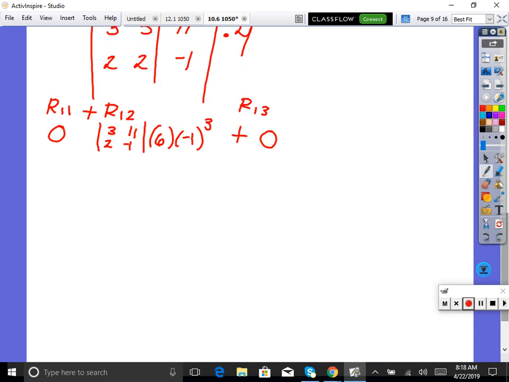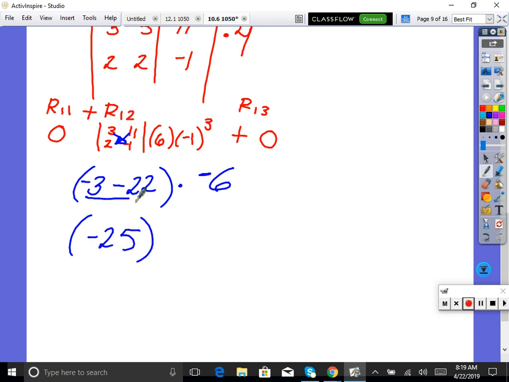Okay, so times this, so 3 times negative 1 is negative 3 minus 22. And then we're going to take that and times it by negative 6, aren't we? So now grab a calculator if you would. Negative 25 times negative 6. So 150.